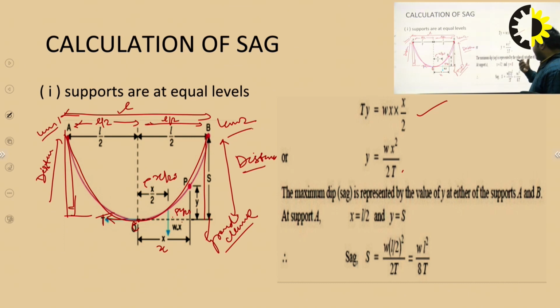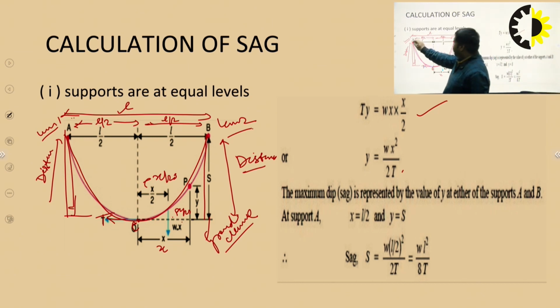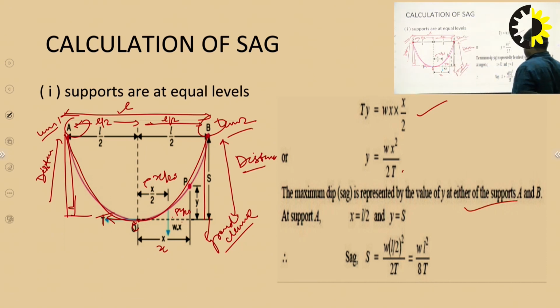The maximum dip or sag is the value of y at either of the supports, A and B. At support A, x equals L/2, and y equals S. So sag S equals W (L/2) square divided by 2T, which is W L square by 8T. So sag S equals W L square by 8T.